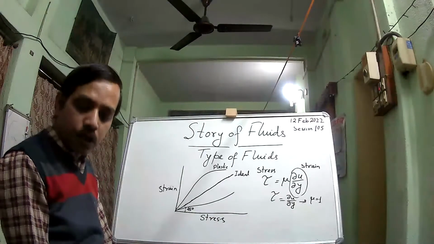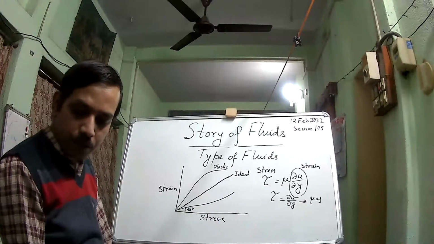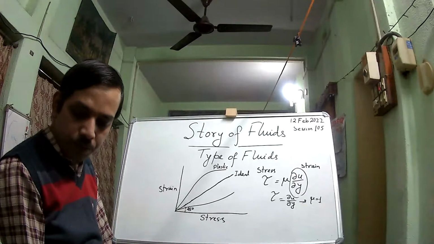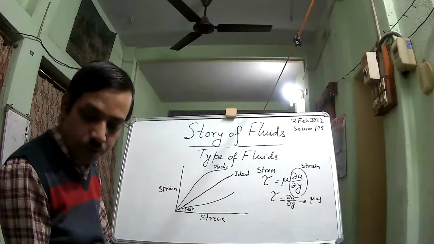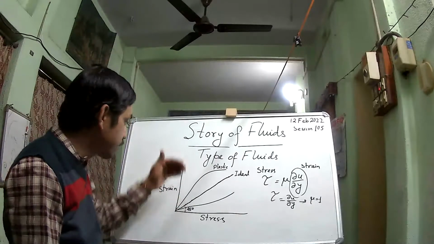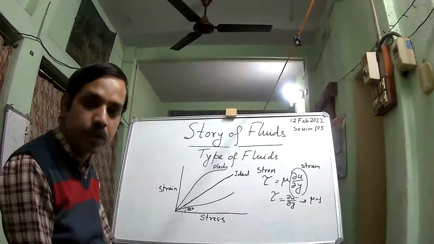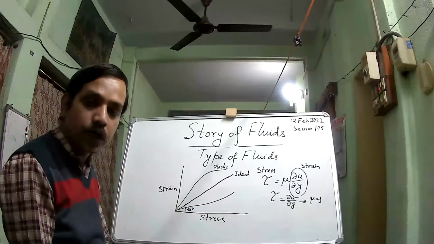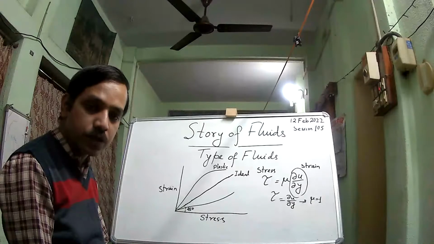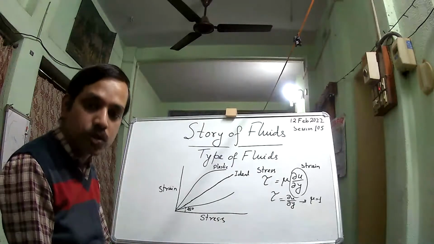So this one is basically a pure plastic fluid, where the dilatation, the strain, will be visible even not from zero. For a very little amount of external force, there will be no change.